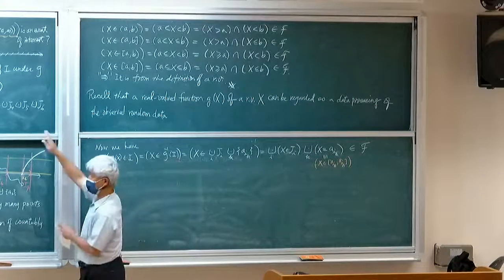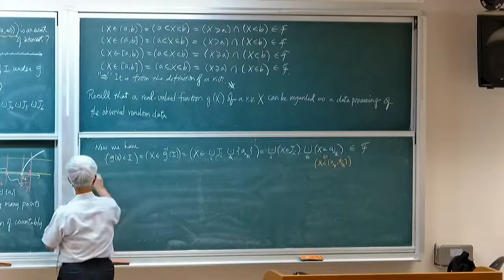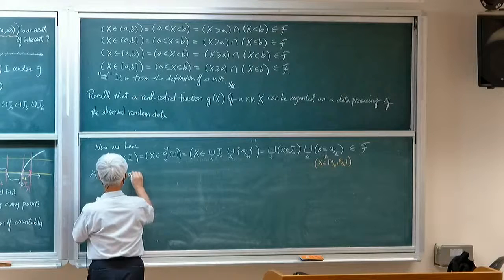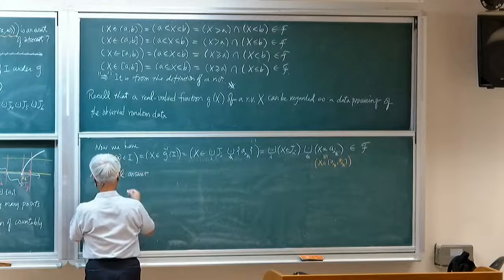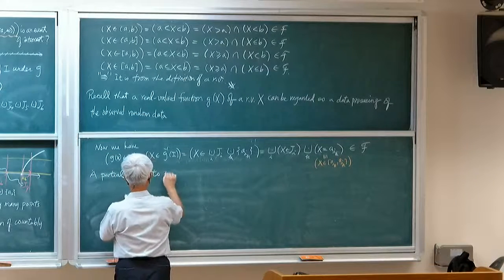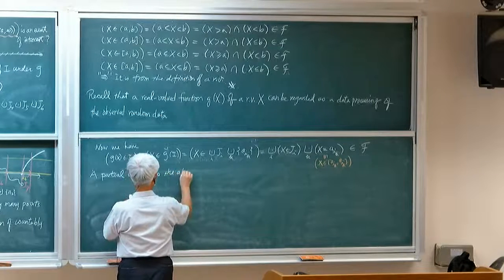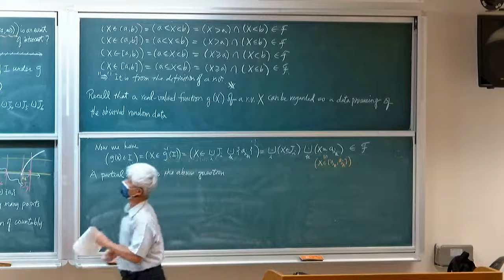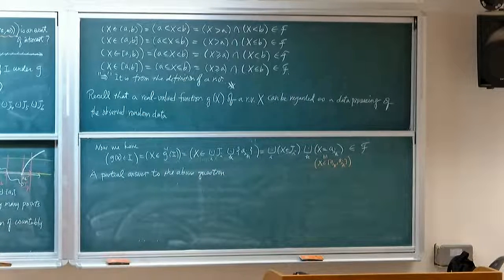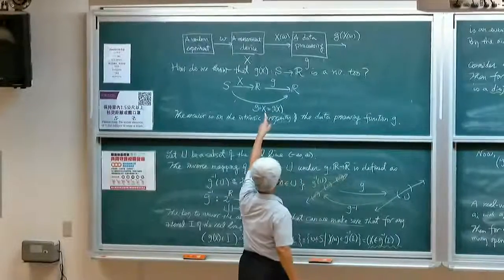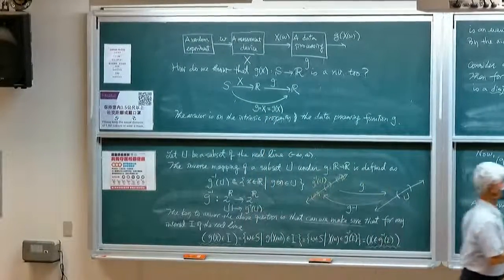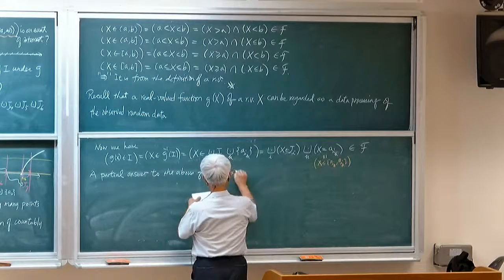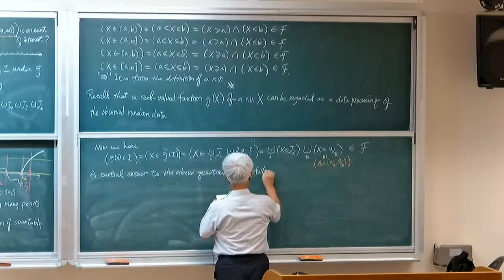All right, so from the above discussion, a partial answer to the above question, how do we know g of x is a random variable too, is the following theorem.